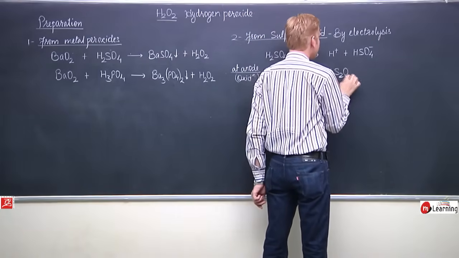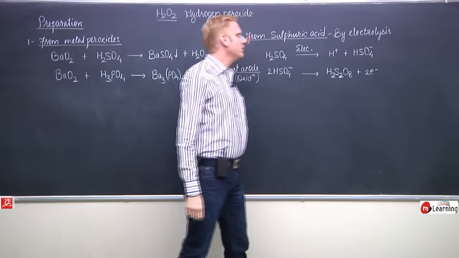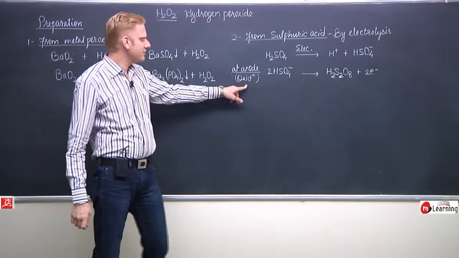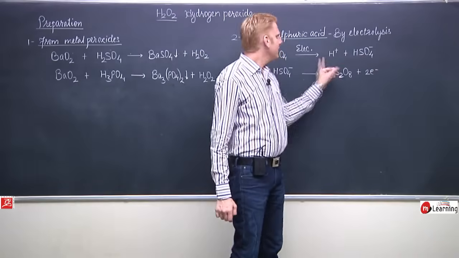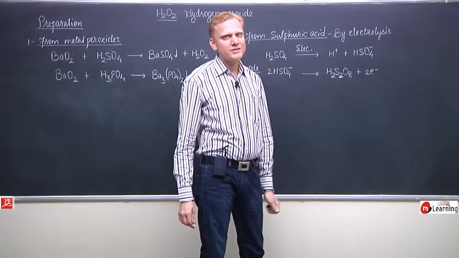We get H2S2O8 along with the electron. Loss of electron is an oxidation process. So this hydrogen sulfate ion undergoes oxidation to form this compound H2S2O8.